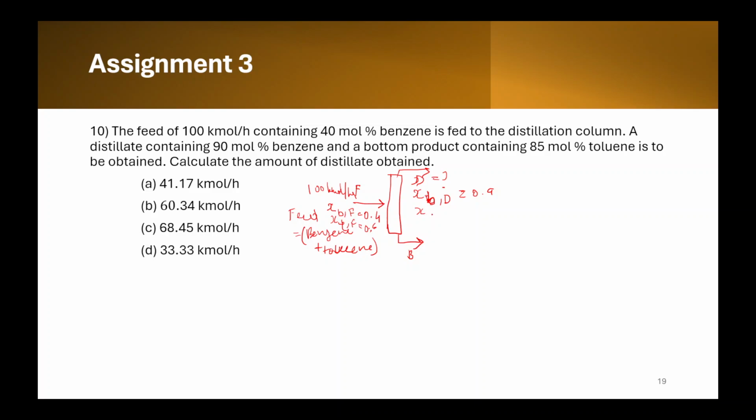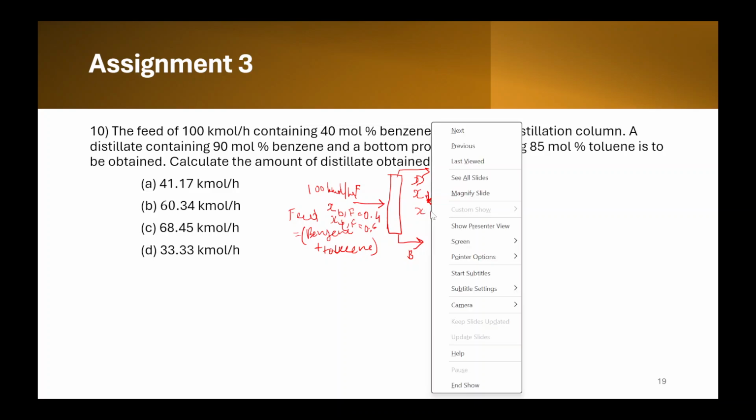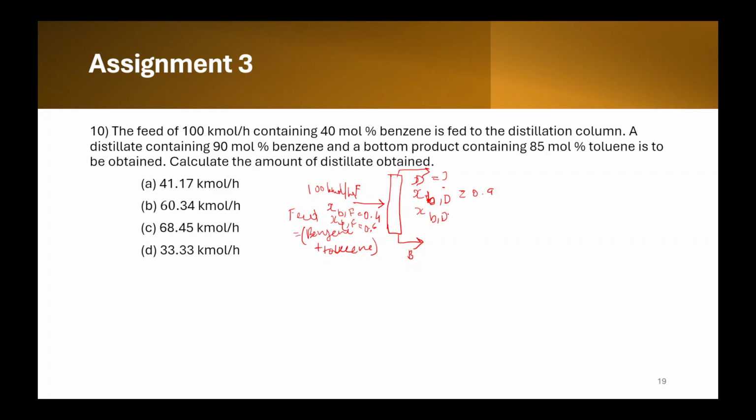Now what will be XBD? It will be 1 minus 0.9, so 0.1. And then we know XTB. XTB, from the question, will be 0.85.